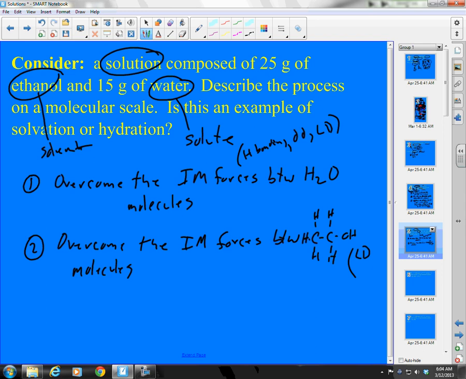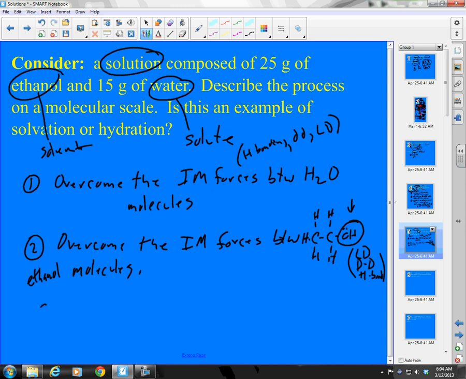It is a polar molecule, so I'm going to have dipole, and look at that, folks: I have oxygen with an unshared pair connected to a hydrogen, so we also have hydrogen bonding. Just a review of IM forces. So we overcome the IM forces between my ethanol molecules. Let's write down ethanol in case I've confused you with my beautiful picture.